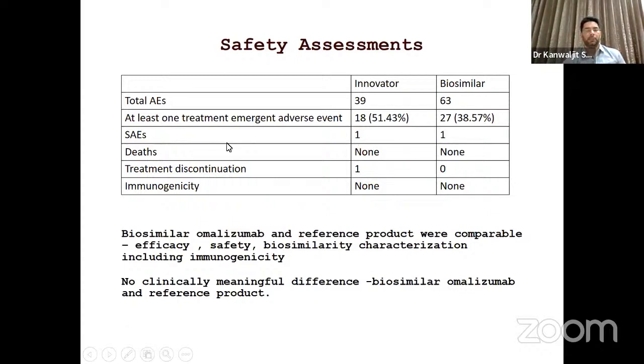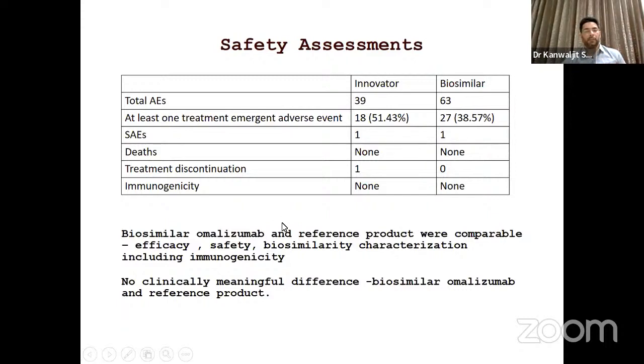Severe adverse effects were seen in one patient in each group, and there were no reported deaths. Treatment was discontinued in one patient in the Xolair group, and immunogenicity was seen in none of the patients in both groups.